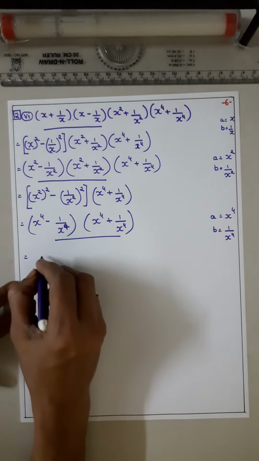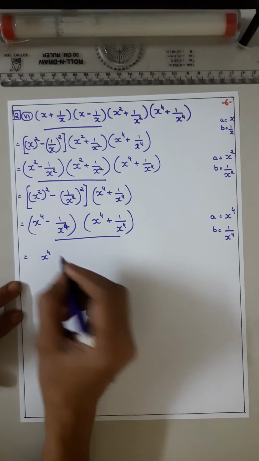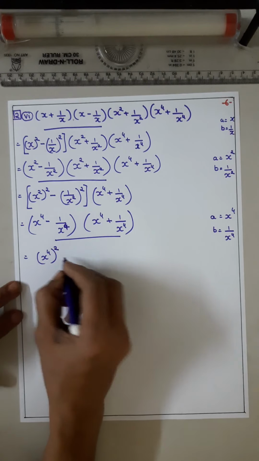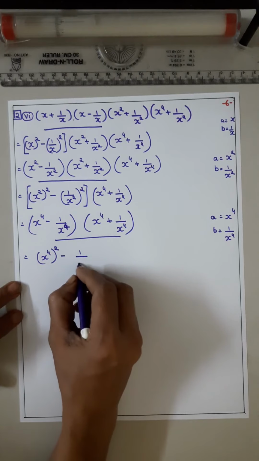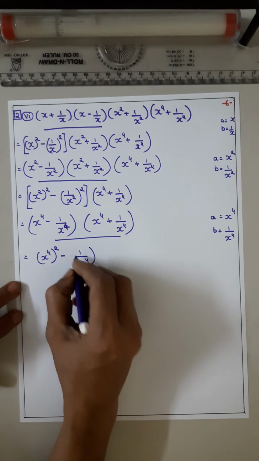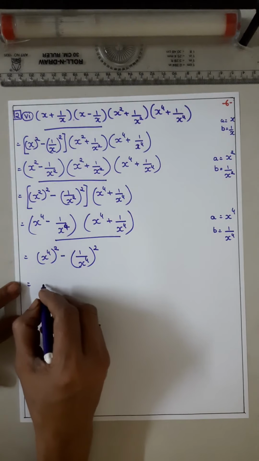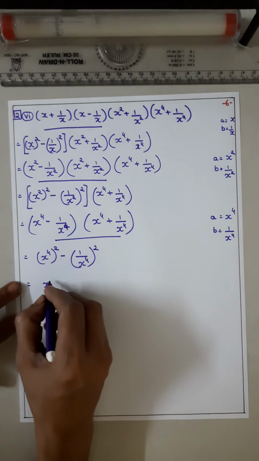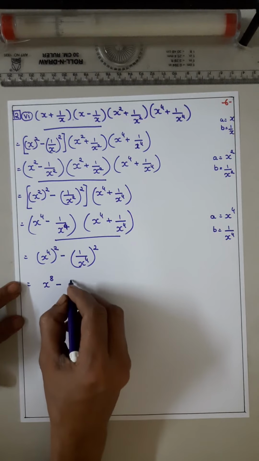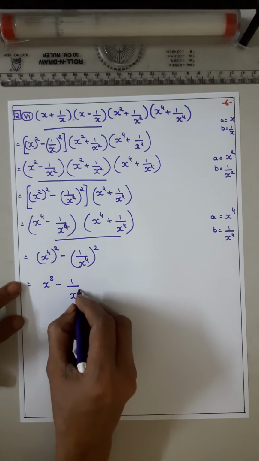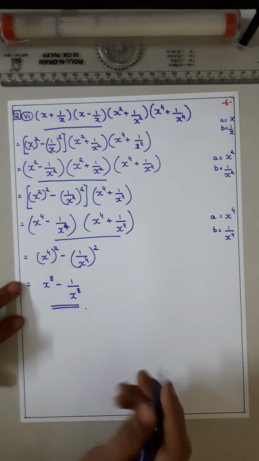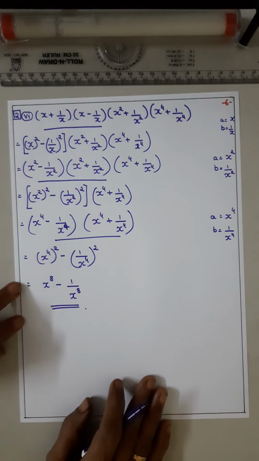So it became x to the power 4 the whole square minus 1 by x to the power 4 the whole square. That means x to the power 8 minus 1 by x to the power 8. This is the final answer.